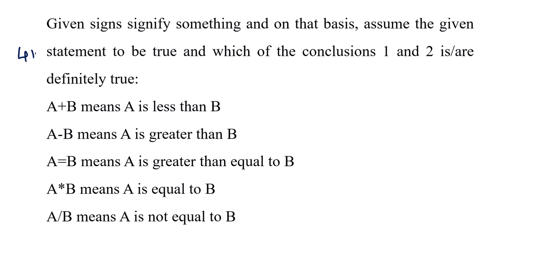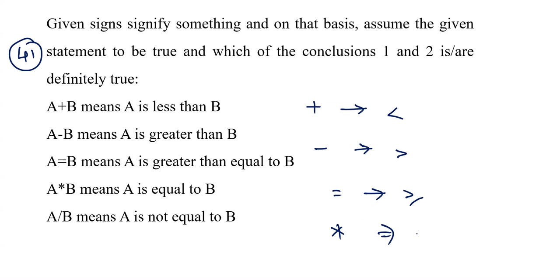First, decode those symbols. Plus is nothing but less than, minus is greater than, equal is either greater than or equal, star is equal. We have a confusion. Equal in this side, equal in this side. So this is not equal. Not equal means it can be either greater or less than.